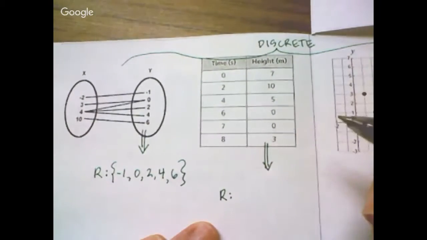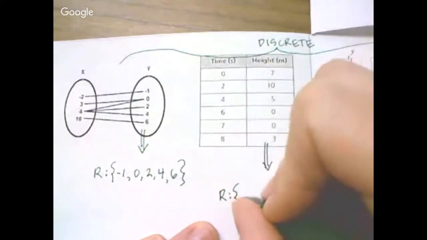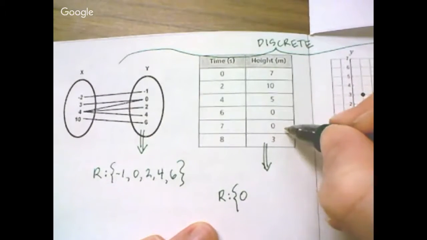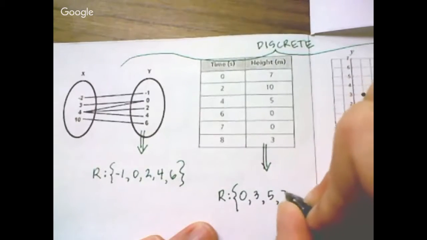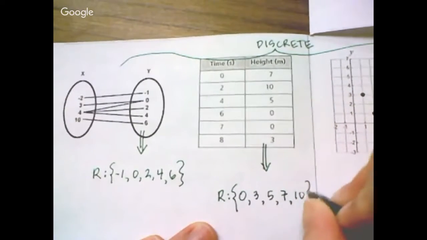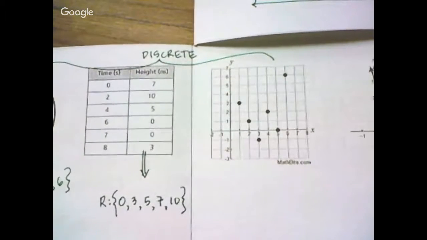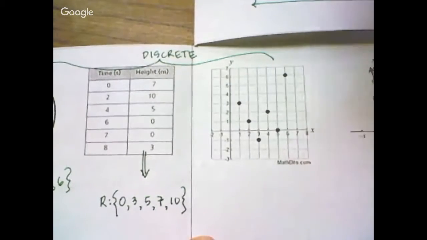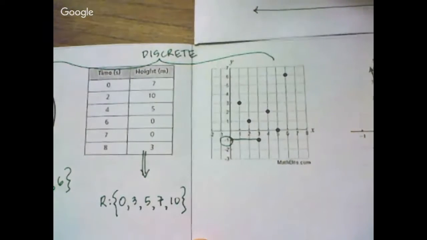So here my range includes, and we go smallest to largest. So looking at this, 0 is my smallest. I'm not repeating the two zeros. So my next one will be 3, then 5, 7, and 10. If I'm given a discrete graph like this, now I'm looking at where those points hit the y-axis.